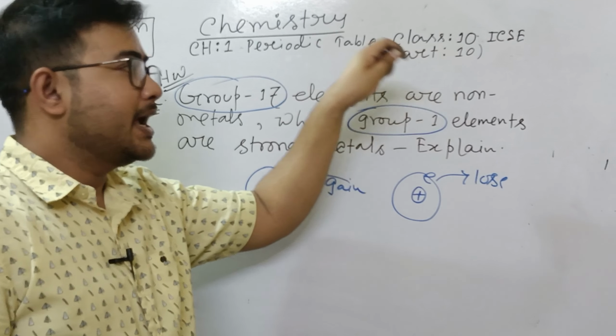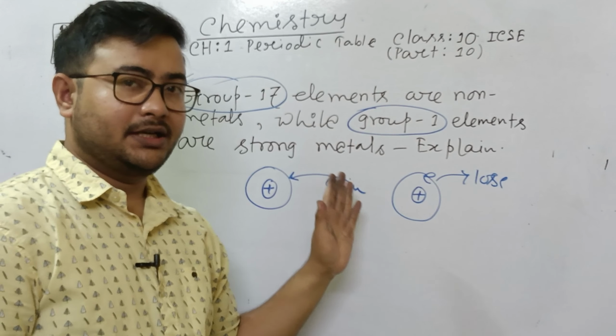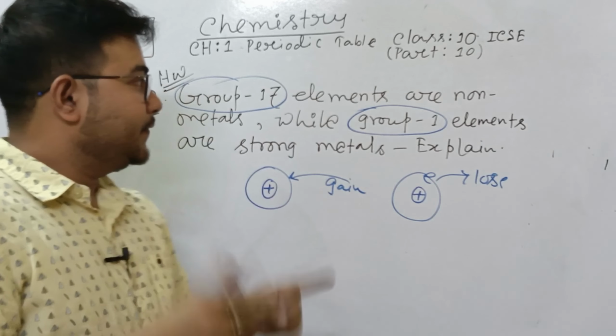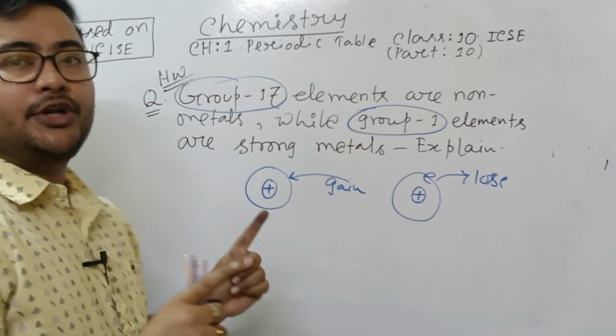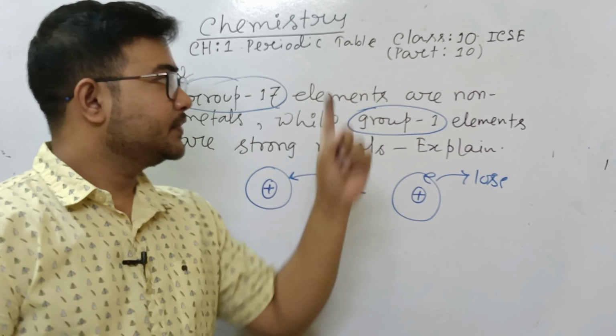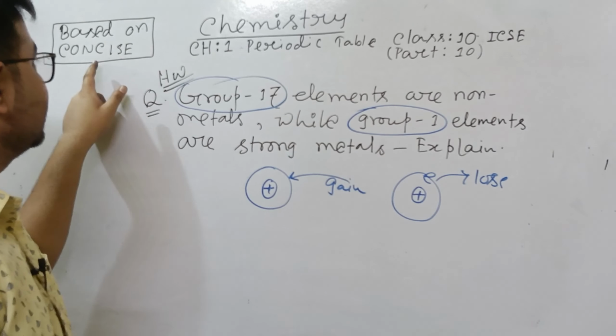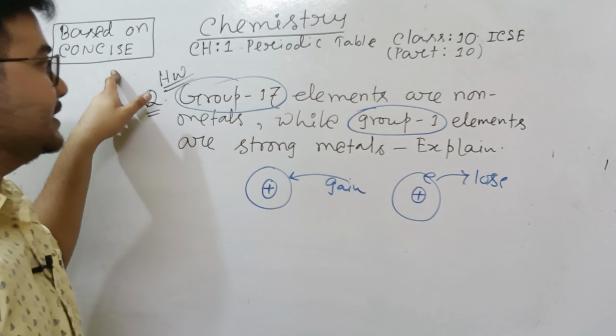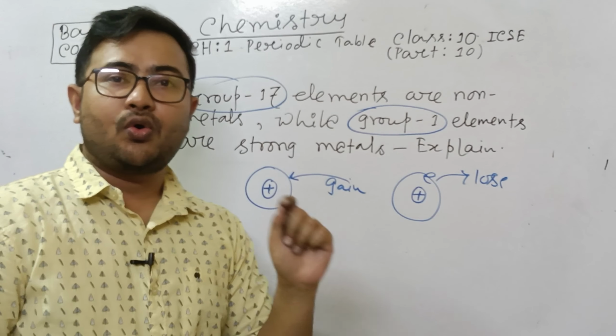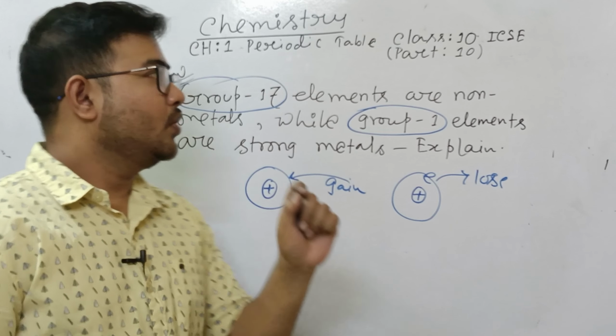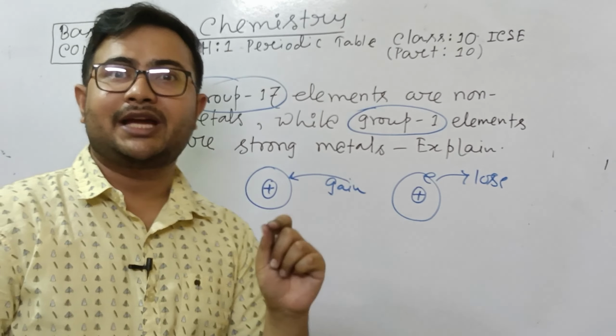After completing them, you can definitely be ready for your board examination. After completion, read this concise once, and you will see I cover all the points, all the lines, all the concepts given in the syllabus.